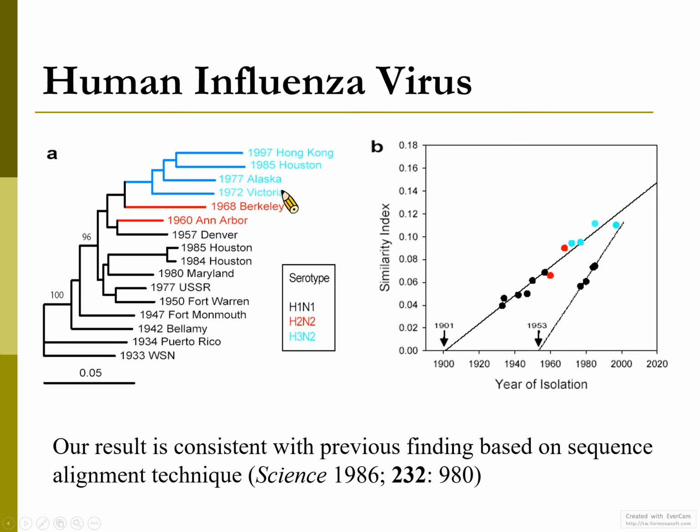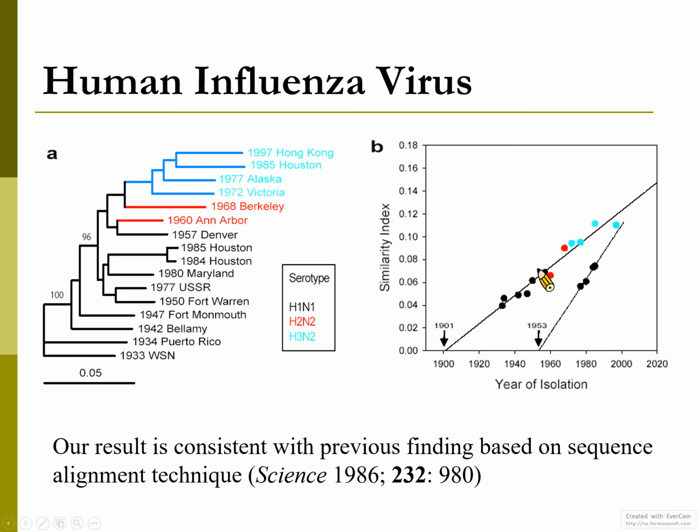So using the cluster analysis, and also we translate this into evolutionary relationships, then you can find out that there are 2 evolutionary lines of these different types of the viruses.